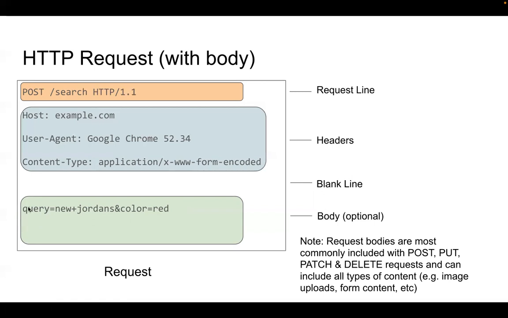The data that's sent in here, these are called query parameters. This is one of the ways that you can send data through an HTTP request, and that is just to put it in as query parameters.